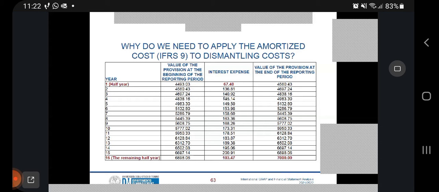But again, 4,560 plus 136, you get the value of the provision at the 31st December of the second year.